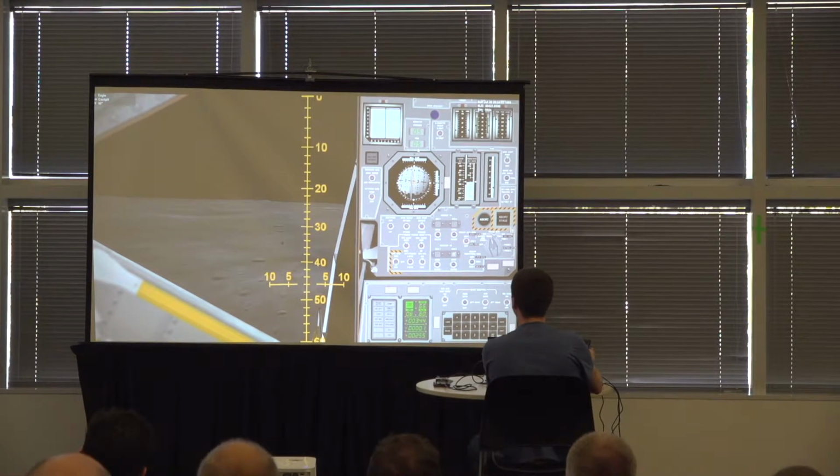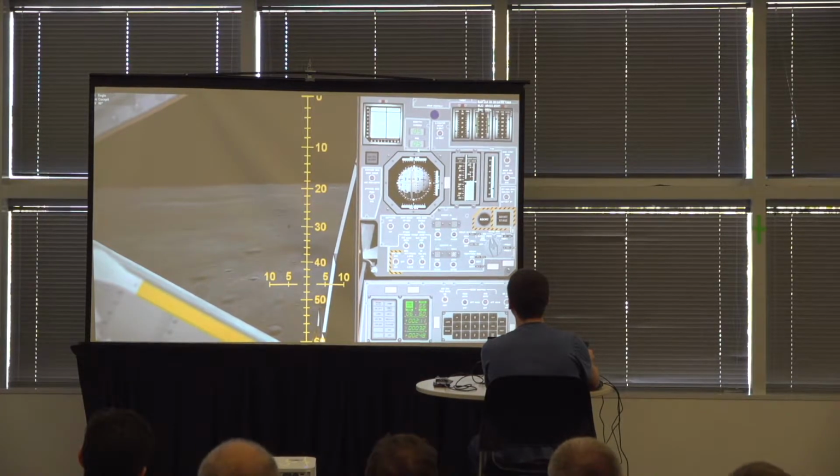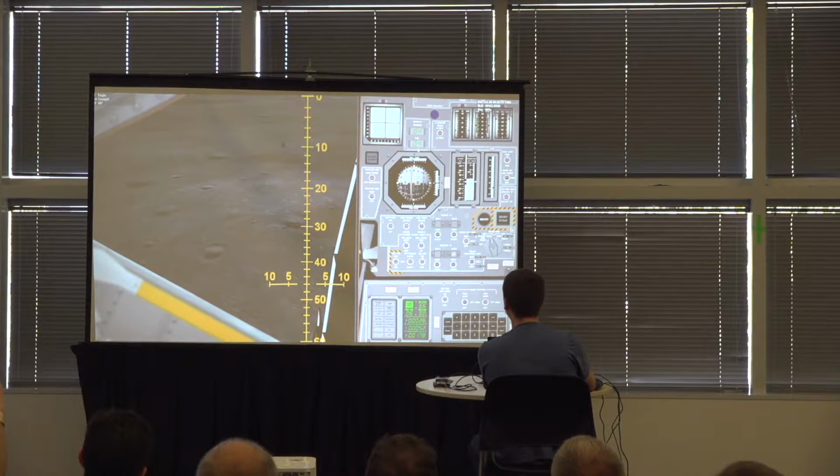Also going to start increasing my rate of descent. So we're going forward about 15 feet per second now. Rate of descent is 3 feet per second. Okay, so horizontals are essentially nulled out. Going down 5 feet per second.